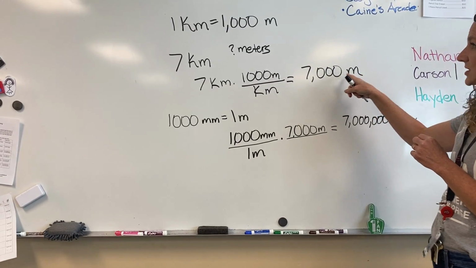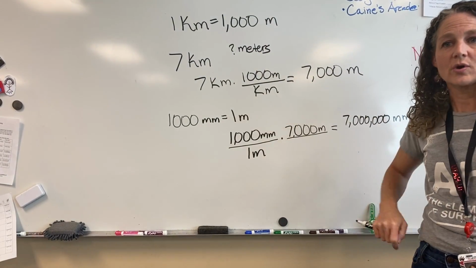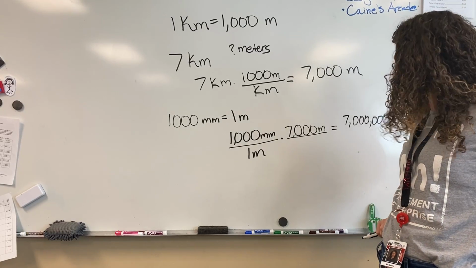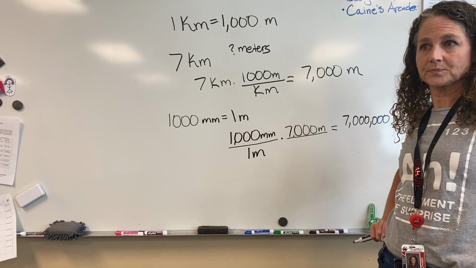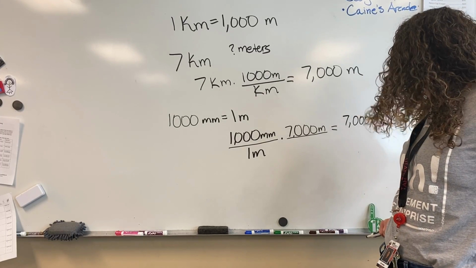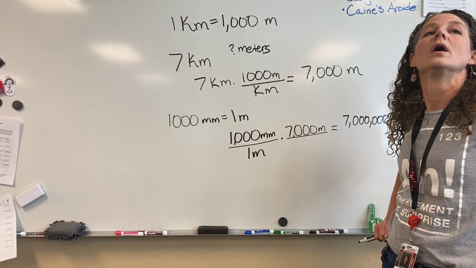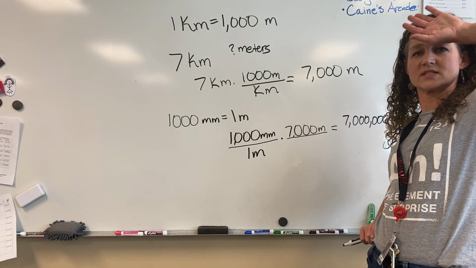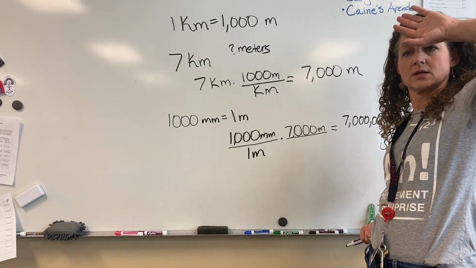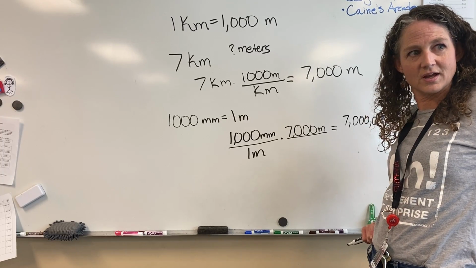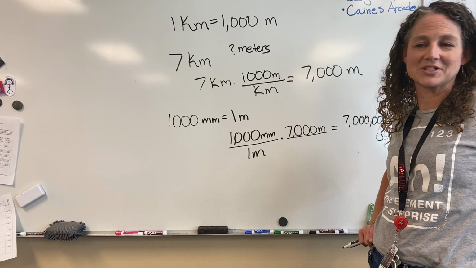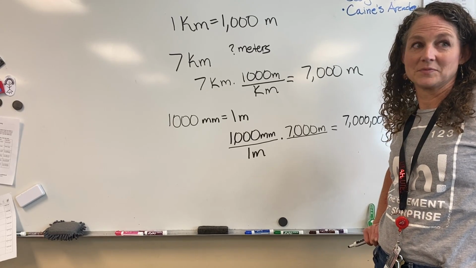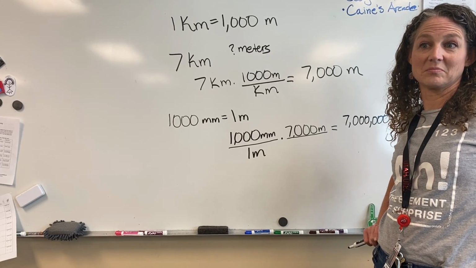7 million millimeters in 7,000 meters, which is 7 kilometers. So if you run 7 kilometers, you could come home and say, "Whoo! I just ran 7 million millimeters," and it's a little more impressive, right? We should measure everything in millimeters. No, we shouldn't, because that would be really big numbers, right?